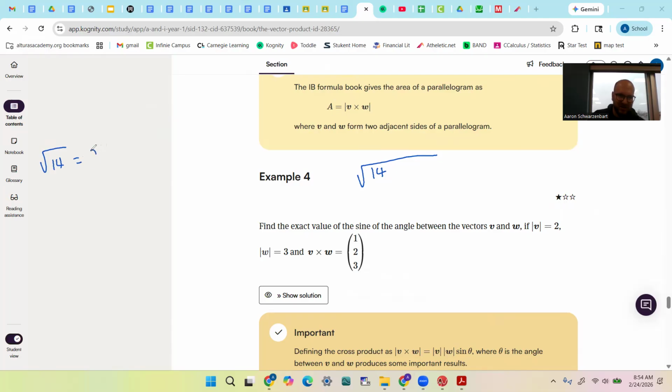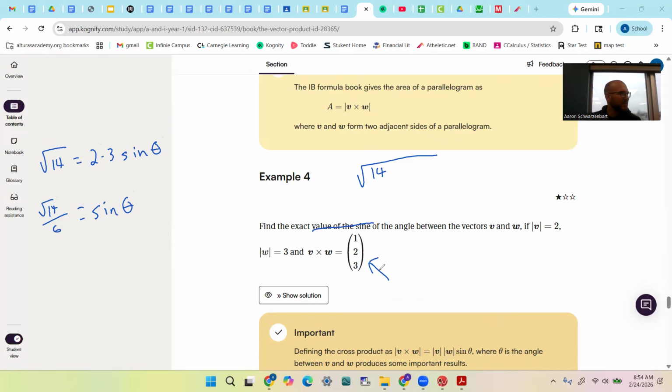The magnitude of V is 2, magnitude of W is 3, sine of the angle between them. And all it asks me for is the exact value of the sine, not actually the angle. So sine of theta equals square root of 14 over 6.